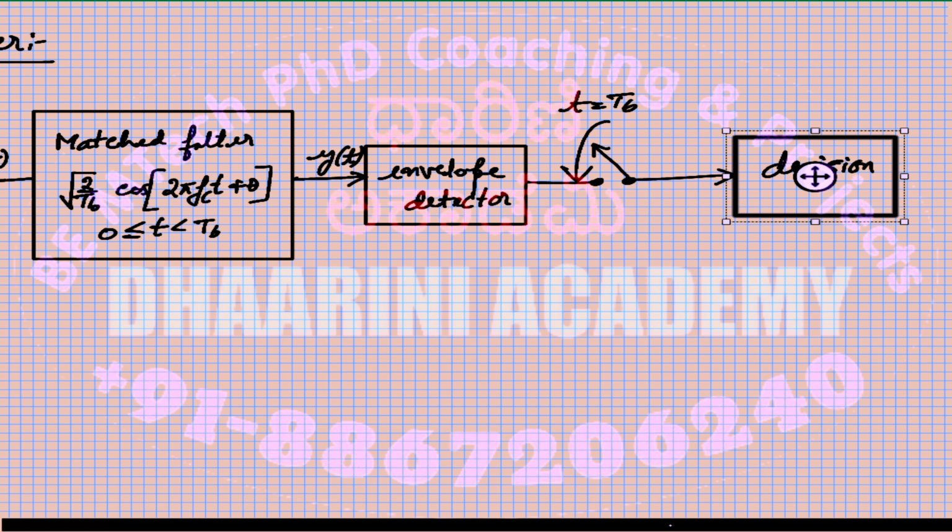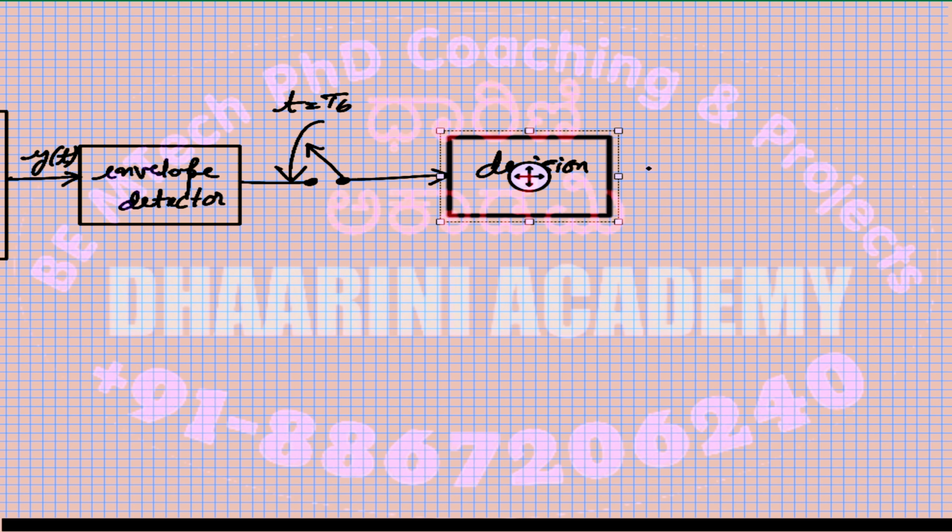It will pass through a decision making device, and it is going to use a threshold, that is VTH. Now let us say the value that comes here is L, after sampling.